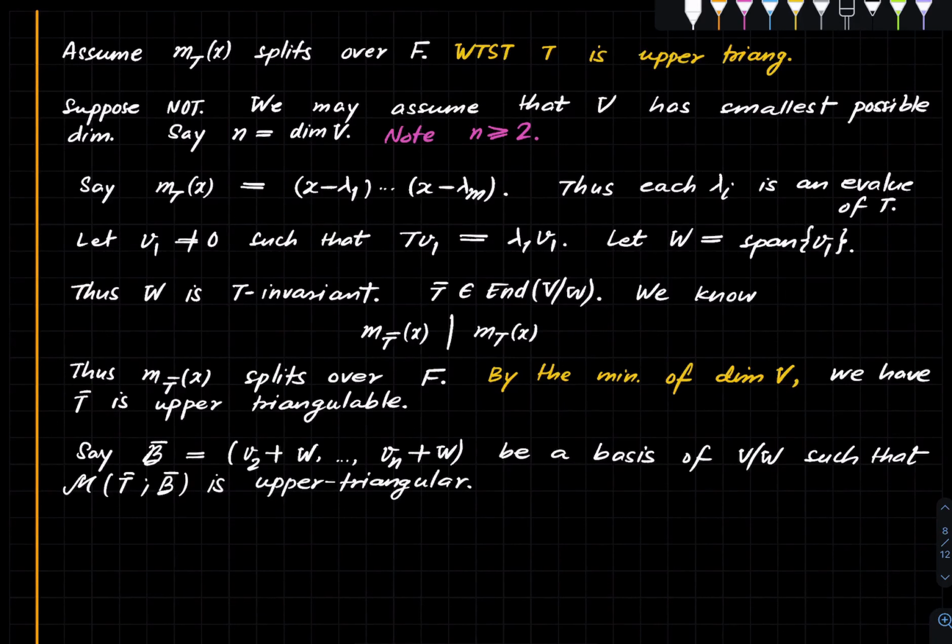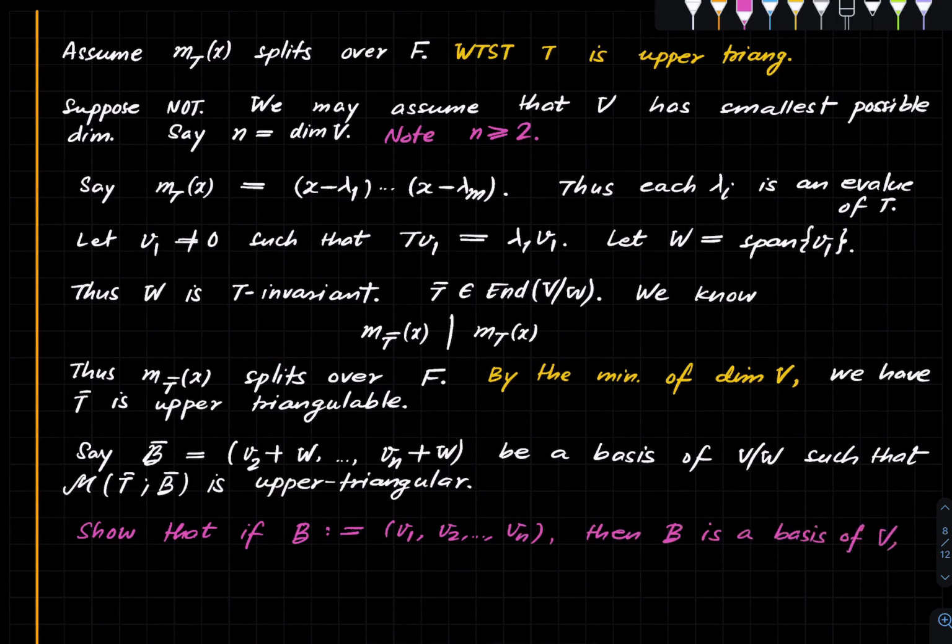Okay, and here is what I want you to do as an exercise. So show that if B is defined as v1, v2 up to vn, then B is a basis of V, and the matrix representation of T with respect to B is upper triangular.